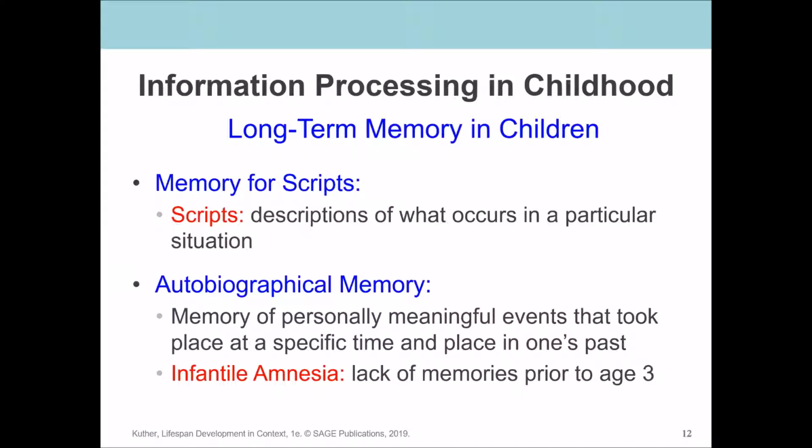And it's thought that this has to do with language development. Because we don't have language to help us make sense of our memories and our stories and then store the description with words in our minds, because we don't have language, we don't encode it as a memory. And also, self-awareness may be linked to the development of these personal memories and why we don't see it much before age 3. Self-awareness emerges at about 18 months.